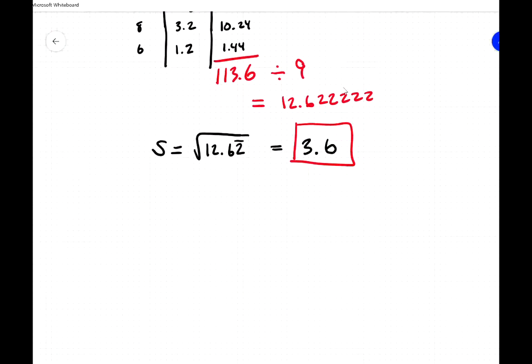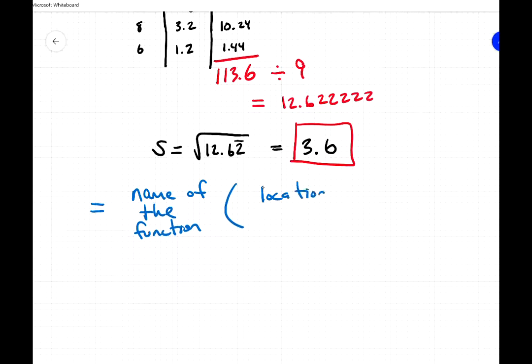So on Excel, remember, I mentioned this course, we're going to be using Excel for a lot of different functions and a lot of different functionality. And almost everything we do in Excel will have the form equal sign, then the name of the function, and then in parentheses the location of the data.